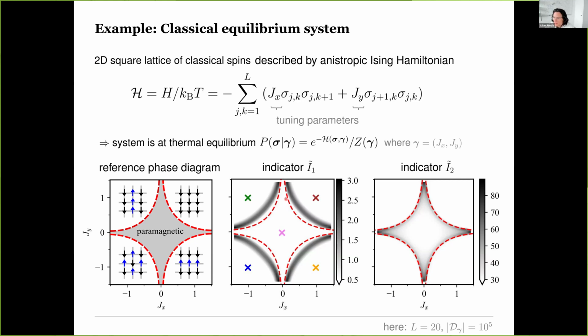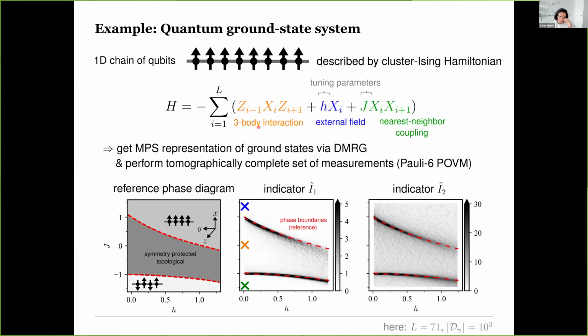For example, what occurs often is a scenario where we could consider the line h equals 0, which is what we've done here. If we set h equals 0, then the model is actually solvable analytically. So you can pick these points there, and say that is a special line where we know the phases because we can solve the model analytically.